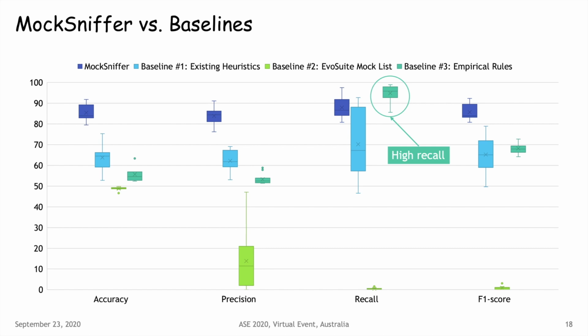Since none of the rules is a determinant factor, it suffered from a low precision. In comparison, by using machine learning to consider these factors holistically, MockSniffer raised the precision to over 80% by only losing less than 10% of recall. From this we can see, machine learning is helpful in recommending mocking decisions.